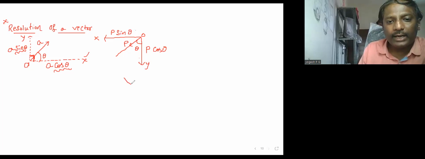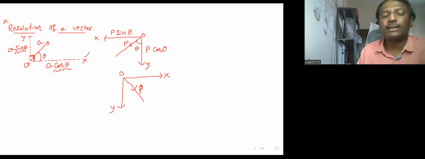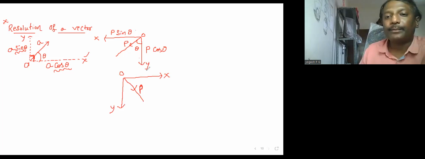Now I'll give one more vector like this. Let us say this is P. This is OX. This is OY. Can you tell me if OX is P cos theta or P sin theta?